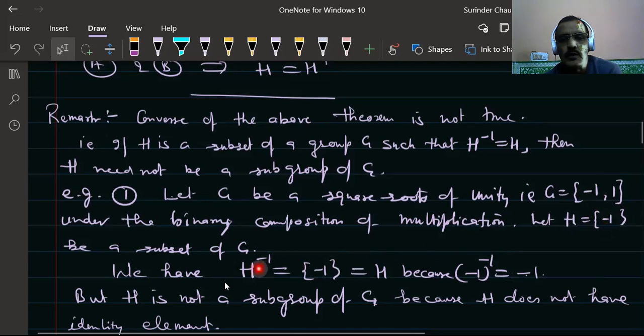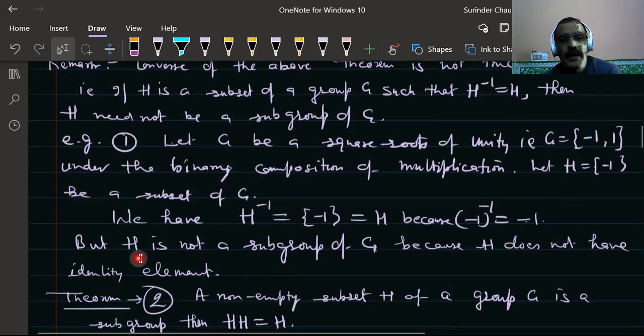So the set H inverse will be minus 1, which is equal to H. H has one element, and the inverse of minus 1 is minus 1. So H inverse is equal to H.